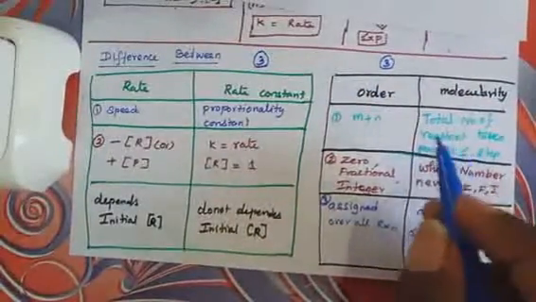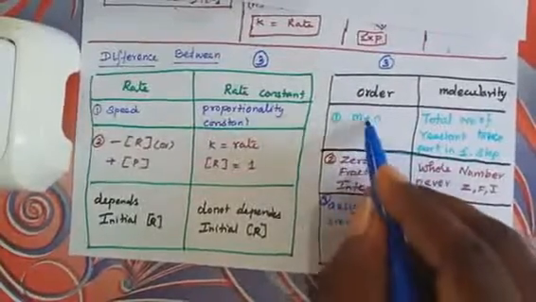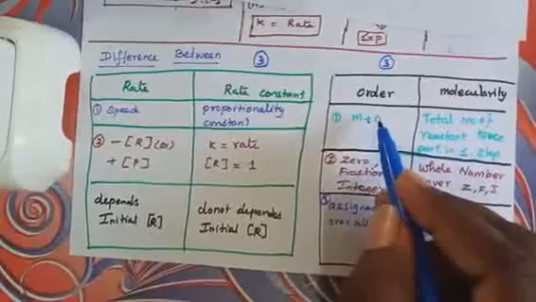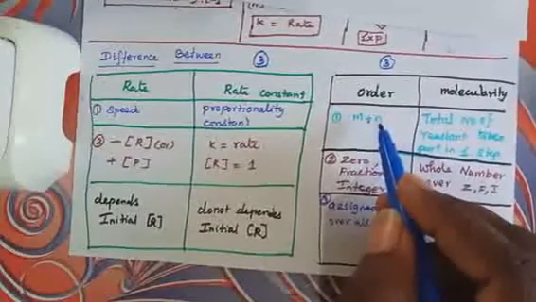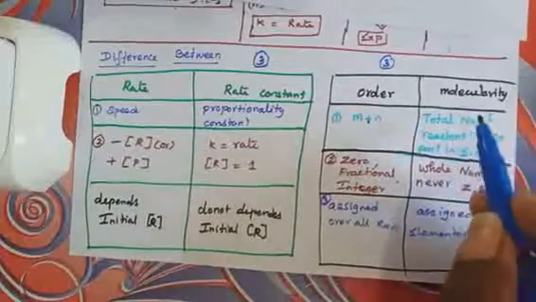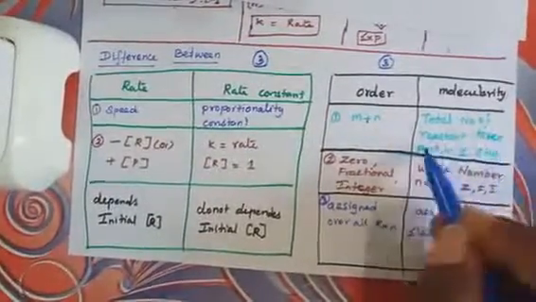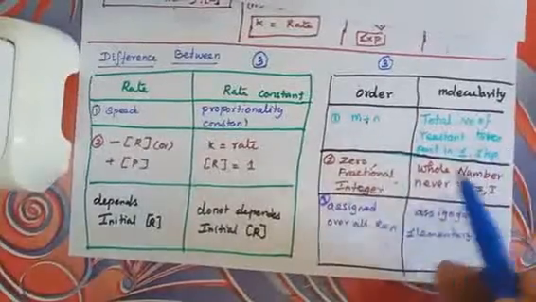Order and molecularity. First point of order: it is the sum of the powers of the exponents, which is obtained from the rate law or rate expression. Molecularity is the total number of reactants that take part in a chemical reaction in elementary steps.